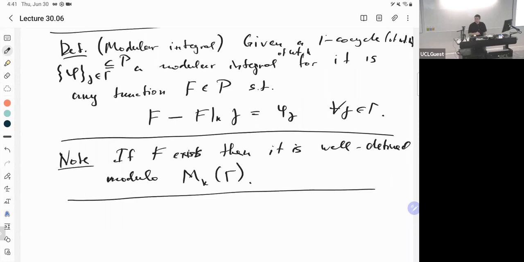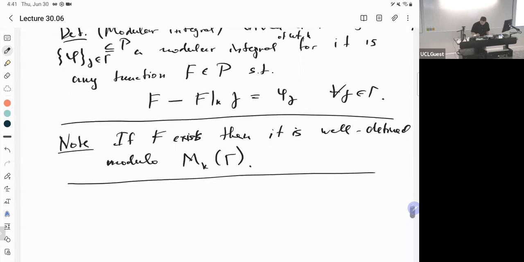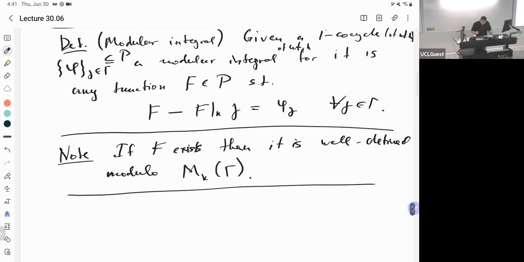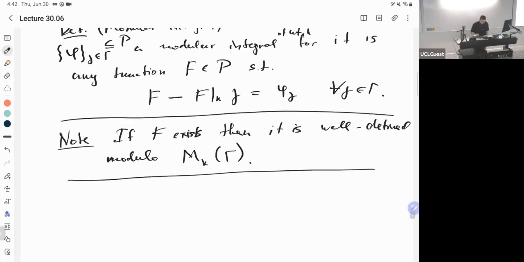It's just something that you check directly from the definition. If you take two such functions, the difference between two such functions for the same cocycle is a modular form. So in particular, if your space of modular forms is empty, then you get a unique one. Each cocycle defines at most one function, which is a modular integral.